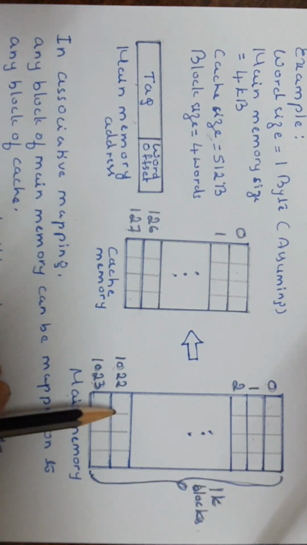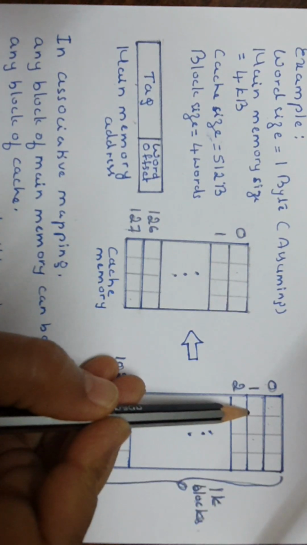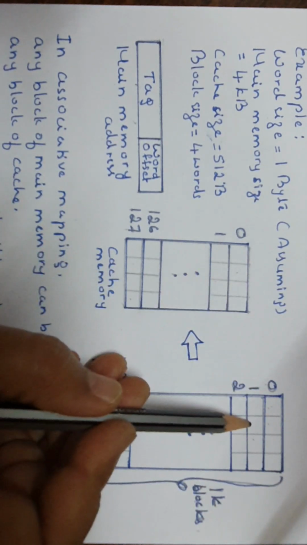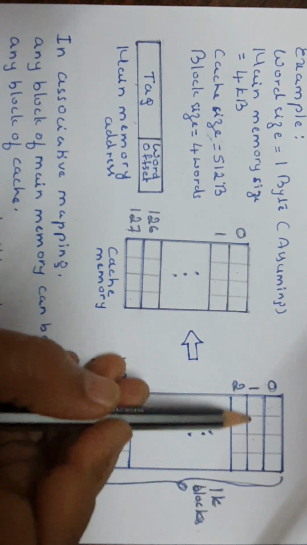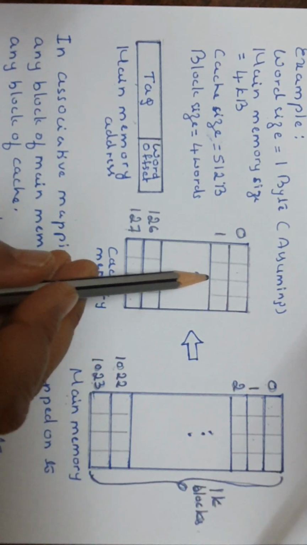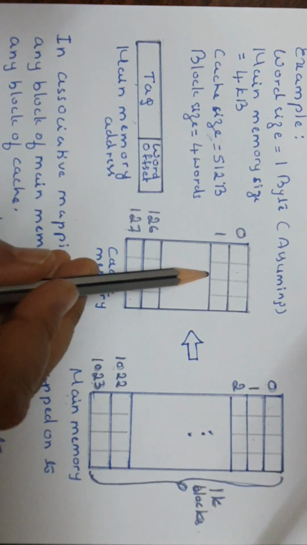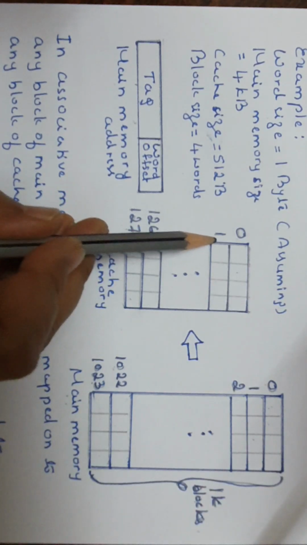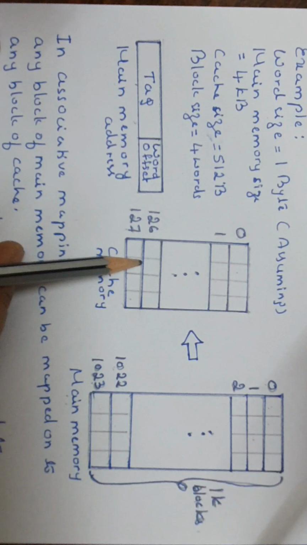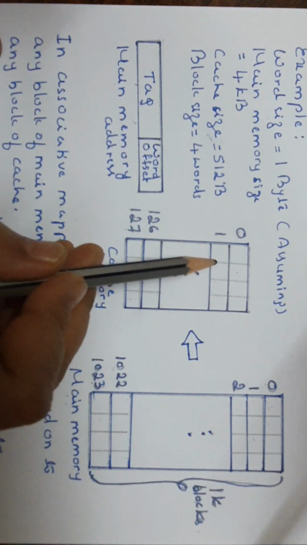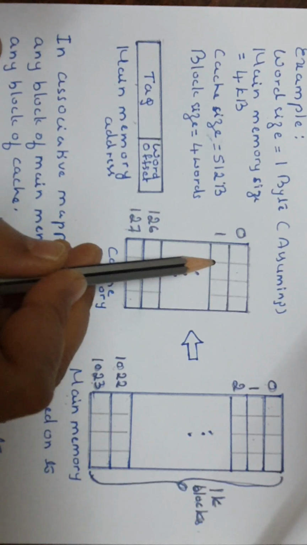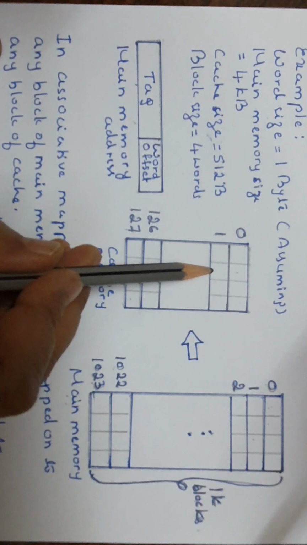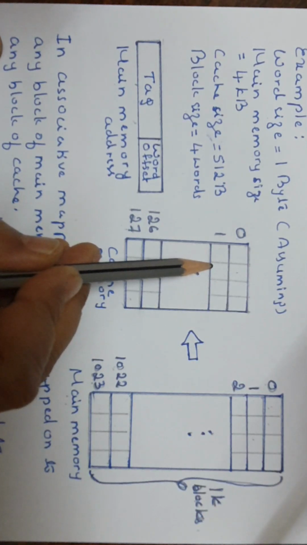If a block in main memory is copied into cache because the word requested is in that block, then in direct mapping the whole block is copied onto one cache block calculated by the formula, and that cache block number is fixed. Though other blocks were free, it would be copied there only. Many main memory blocks would be mapped onto the same cache block as per the formula.